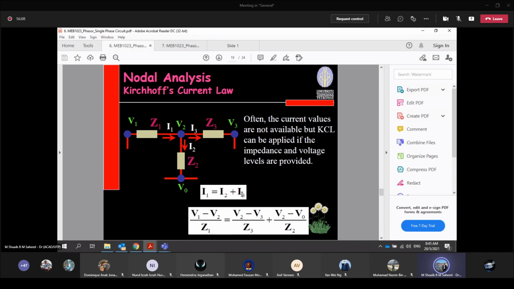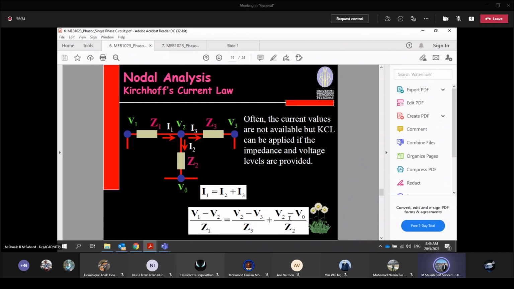From this, you can now develop it into Ohm's law functions. So what is I1? From the beginning to the ending: V1 minus V2 over Z1. What is I2? V2 minus V0 over Z2.